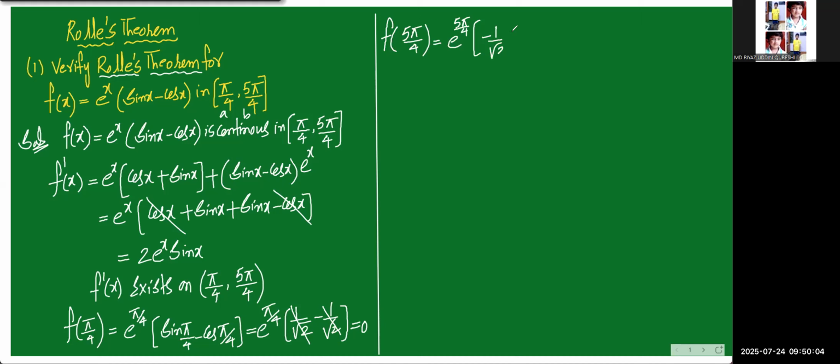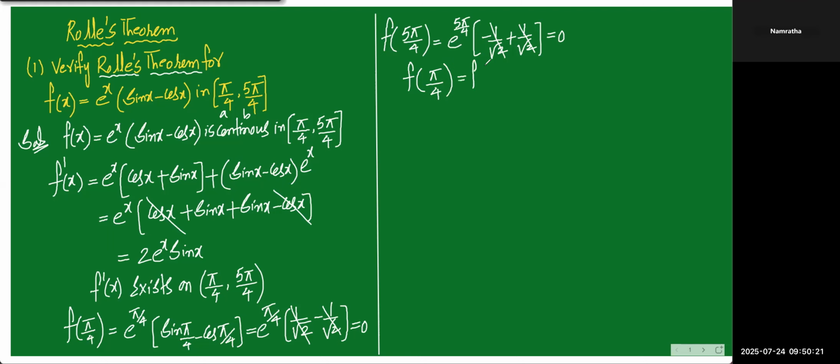And cos 5 pi by 4 is plus 1 by root 2. These two are again cancelled. We are getting one more time 0. It means f of pi by 4, that is f of a, is equal to f of 5 pi by 4, which is equal to f of b.